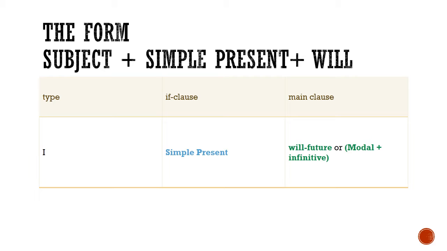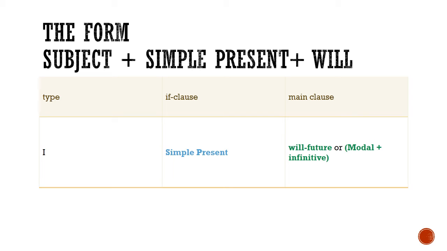Now let's talk about the form. The form here is subject. The subject could be a noun or pronoun as we know it always. And then simple present. So in the singular we add s or es, in the plural it remains the same. After the simple present we have to add the modal will.